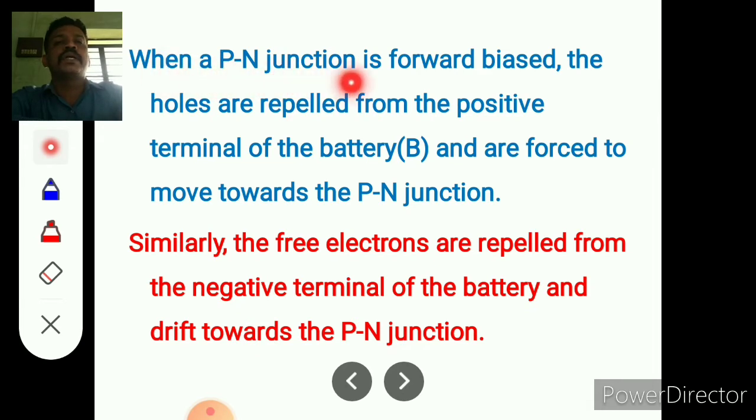When a PN junction is forward biased, the holes are repelled from the positive terminal of the battery and are forced to move towards the PN junction. Similarly, the free electrons are repelled from the negative terminal of the battery and drift towards the PN junction.